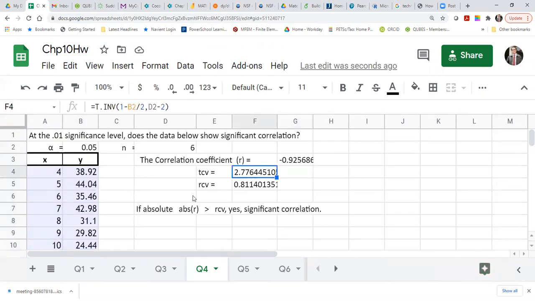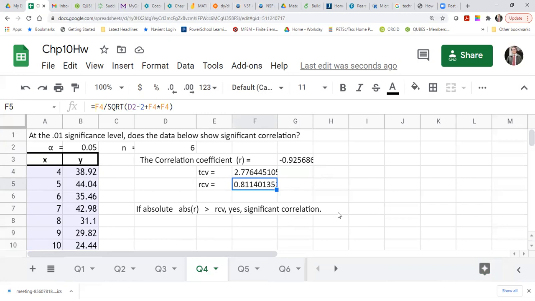Automatically you find the TCV and then the RCV. Now, if the absolute value of R is greater than RCV, the answer is yes, there is a significant correlation.